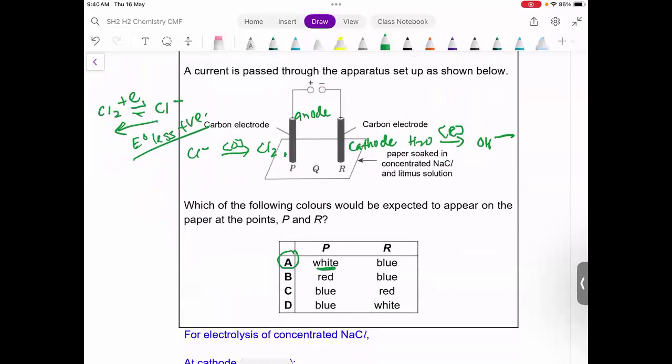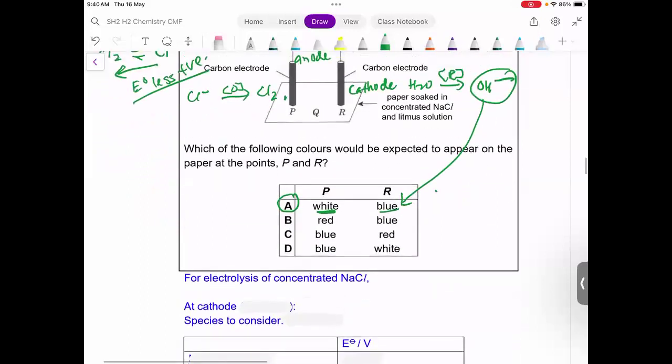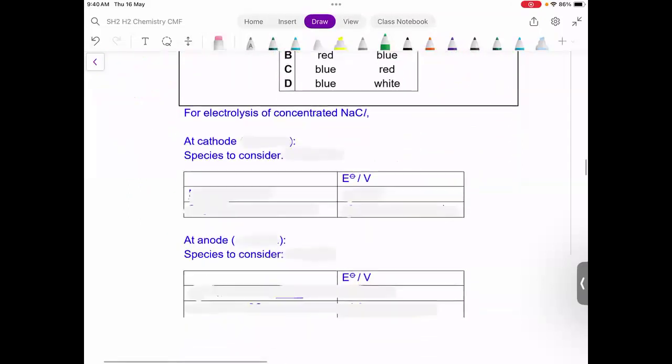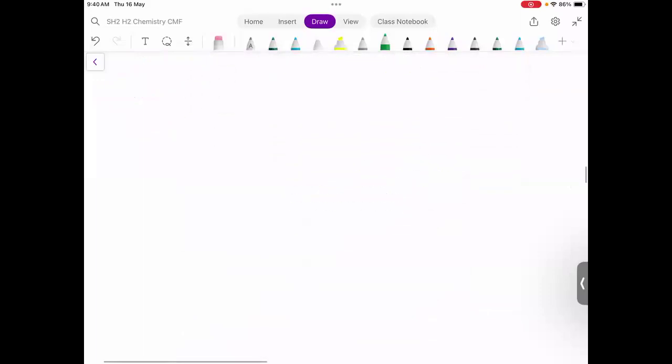It's because you are talking about the paper soaked in the litmus solution. So the litmus solution itself is actually colorless. Okay, so the answer is the one where P is white. Why is it blue? Because of the alkaline that is produced. So far so good? Okay, quite straightforward. Let's move on to the next part.